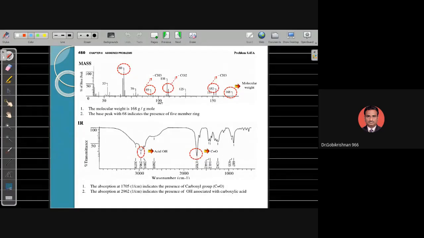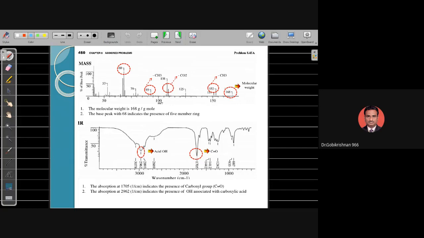See here. Can all of you see my screen? Okay. See here, the molecular weight is 168. The next peak is at 153.